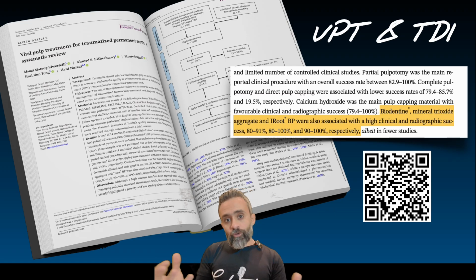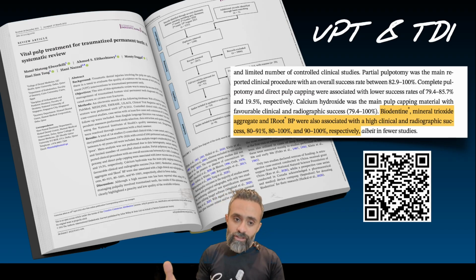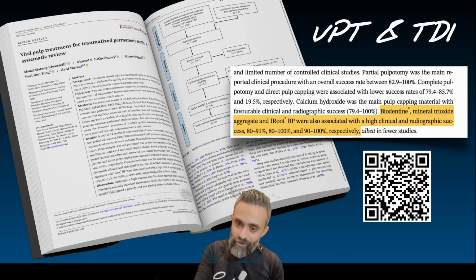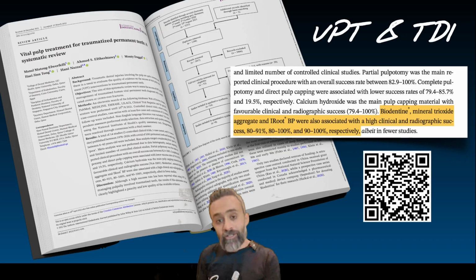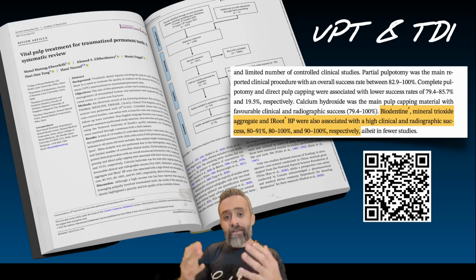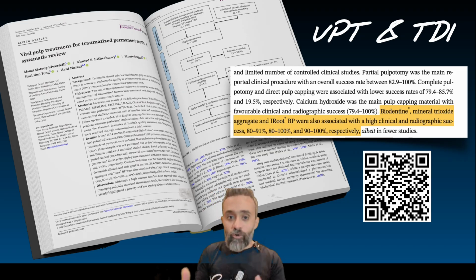So if we want to compare between both categories, the class 1, which is present mainly in traumatic exposures, whether a traumatic dental procedure exposure or traumatic dental injury, has a high success rate because there is no bacteria.